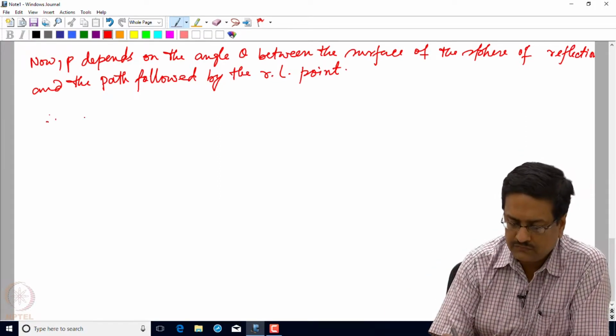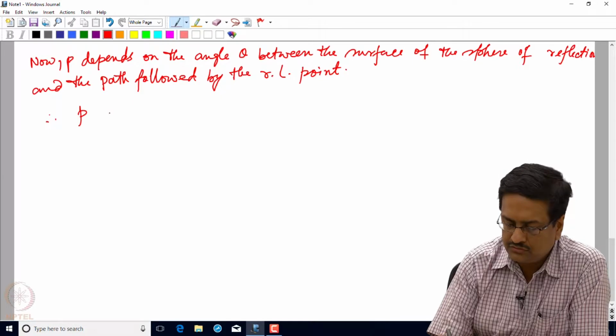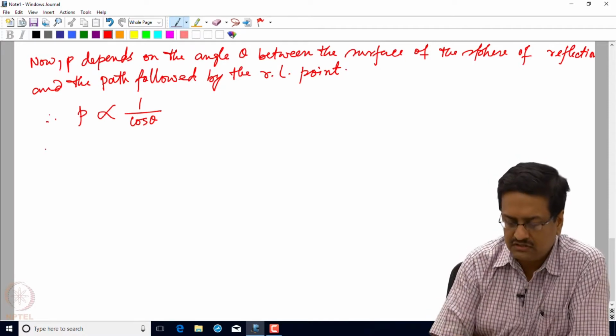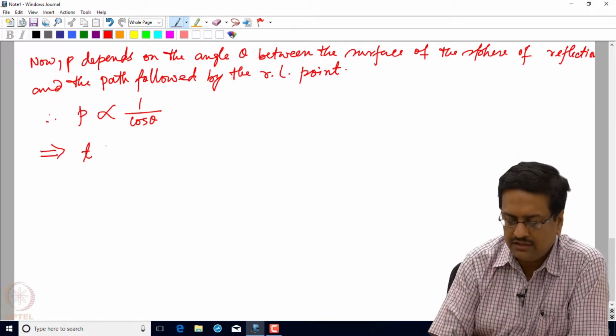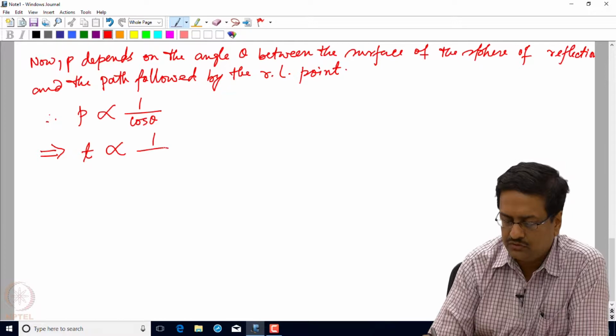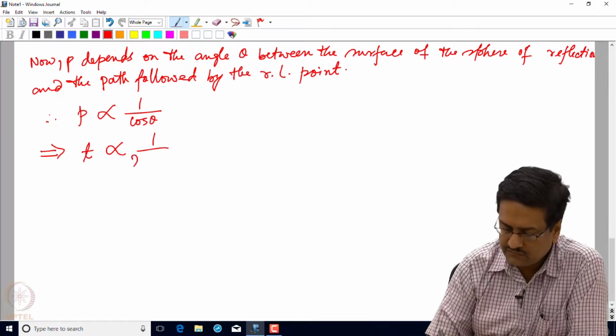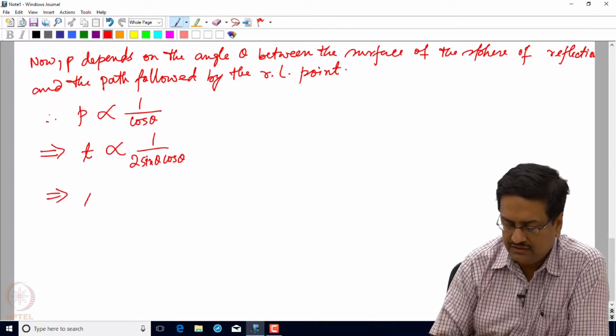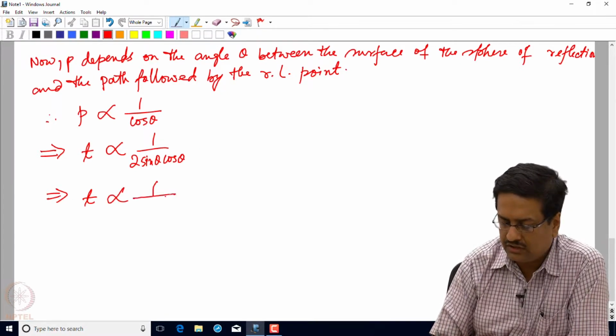Therefore, it is easy to show that p is proportional to 1 by cos theta, which implies that t is proportional to 1 by 2 sin theta cos theta. That means t is proportional to 1 by sin 2 theta.